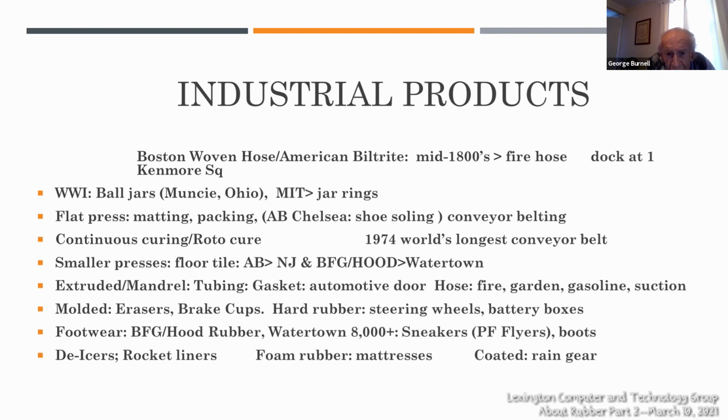Now, the trouble with the flat press when you're doing a conveyor belt is that the ends show a mark where you seal them together at the end of the press. So you get a press mark. You have to do a pretty good job not to.